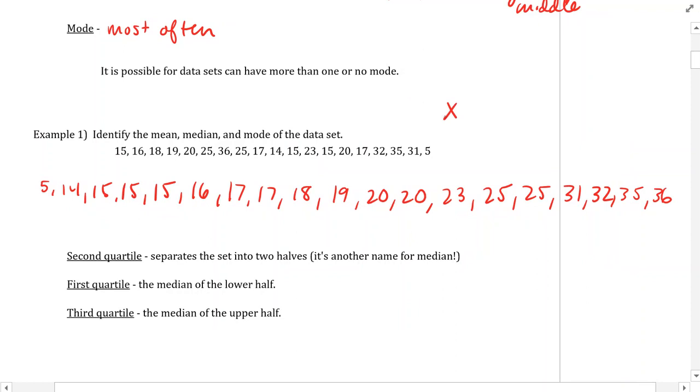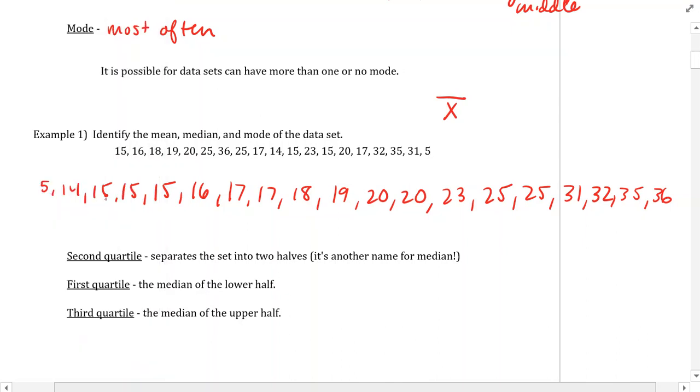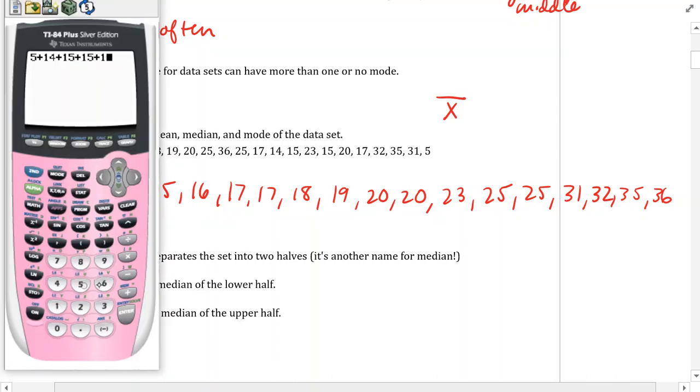So the symbol we use to represent mean is this x bar, okay? And that means I'm going to add up all of these values. 5 plus 14 plus 15 plus 15. There's 3 15s. 16 and 17, 17, 18, 19, 20, 23, 25, 25, and 31, 32, 35, 36.